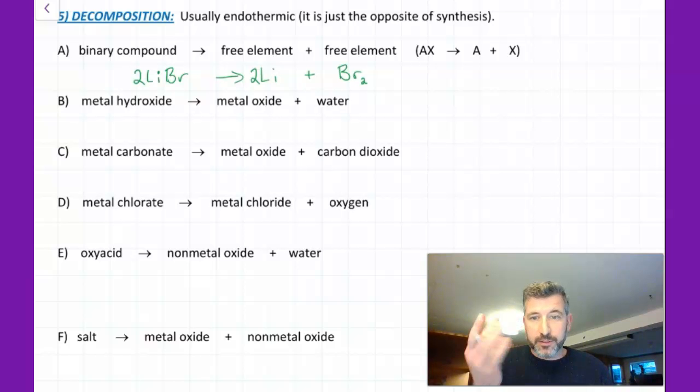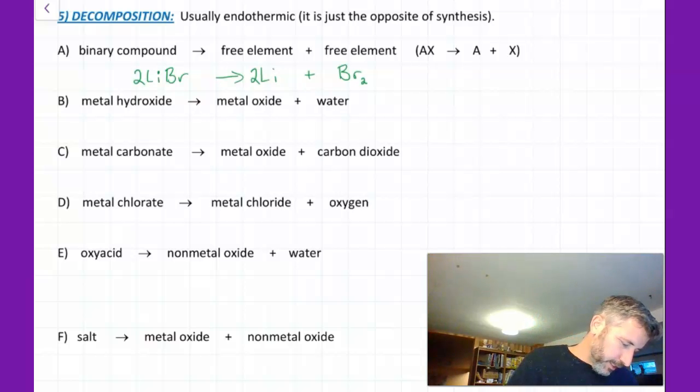And then the next one is also just a flip of what we did with synthesis. So before we were making metal hydroxide, well, what if you added heat? And that's why we said this reaction is endothermic. What if you added heat to break down metal hydroxide? Okay, so let's say you started off with calcium hydroxide.